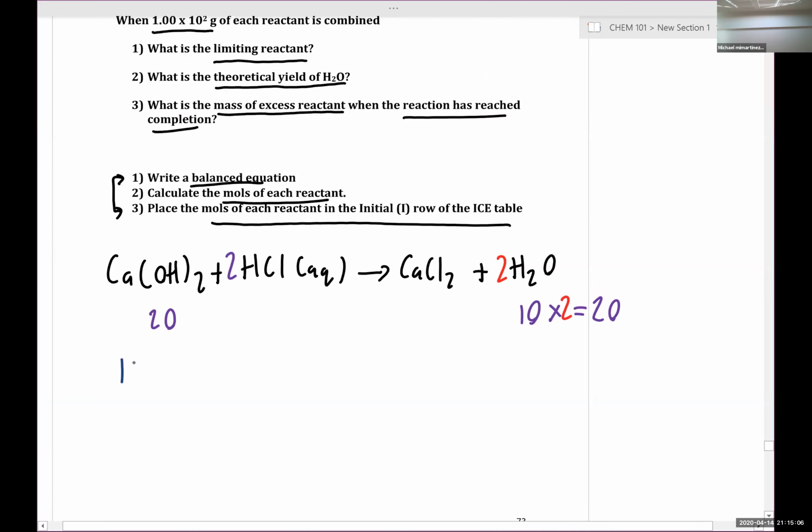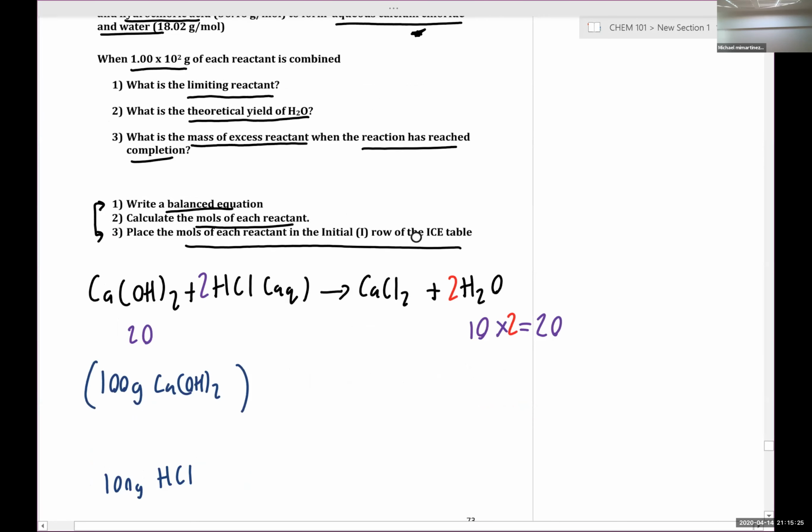that we have 100 grams of calcium hydroxide, and we're also given that we have 100 grams of hydrochloric acid. This problem, to make things a little bit easier, I've given us the molar masses.